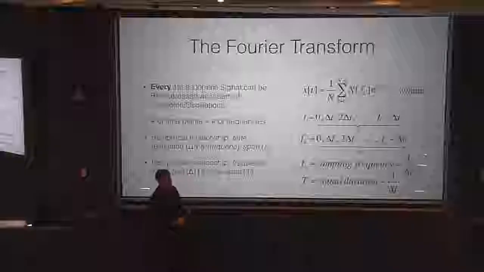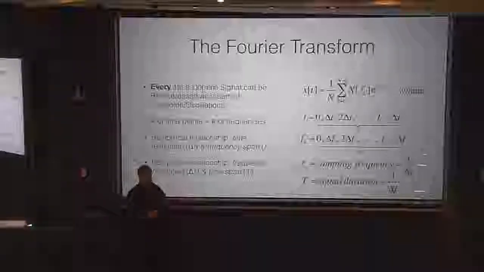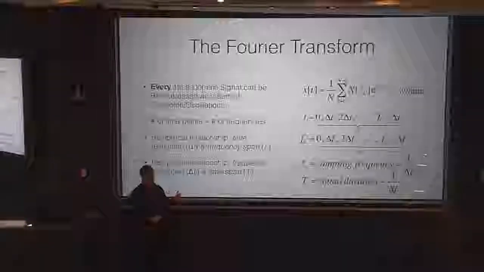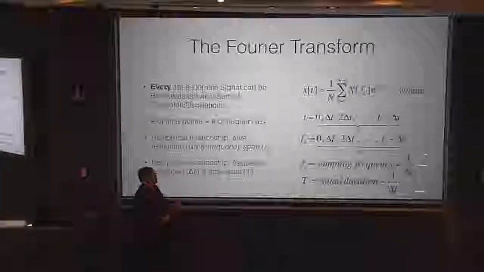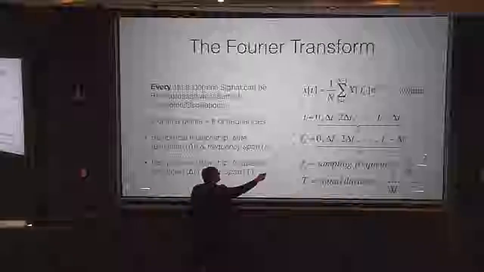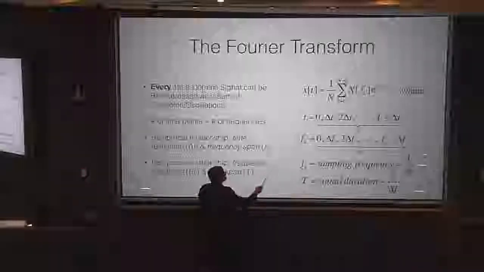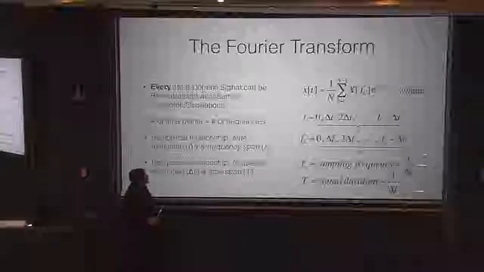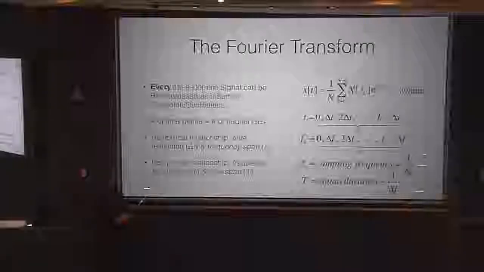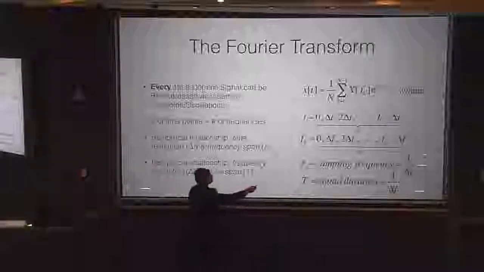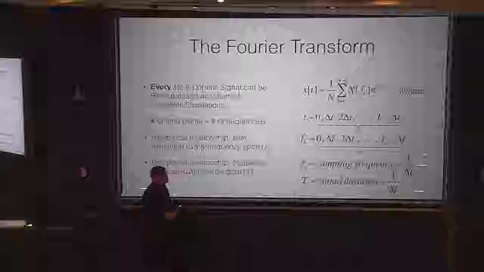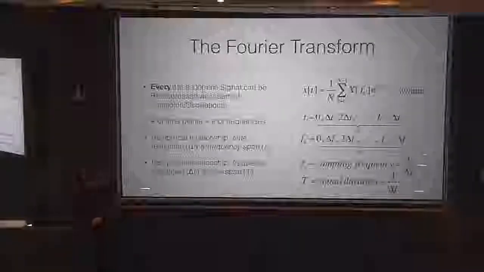It's important for us, especially in this talk, that everything has been discretized, that everything has a delta t, a sampling frequency, a finite duration of time. And so the time steps are incremented by integers times delta t. And also the frequency steps. You have finite frequency resolution delta f.